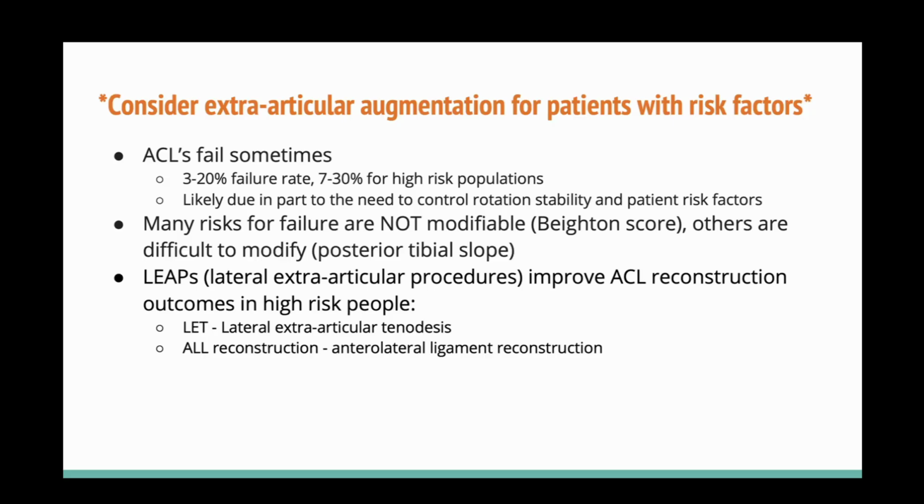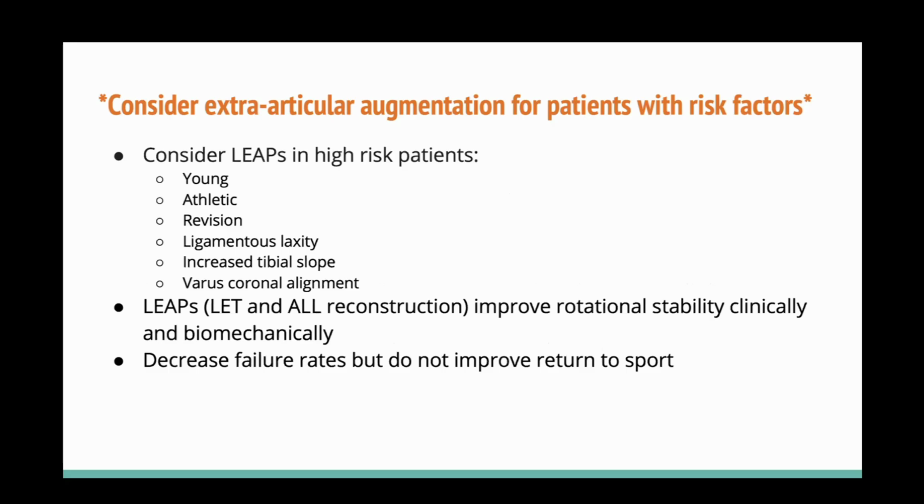So keep these tools in your back pocket. Lateral extra-articular procedures improve ACL reconstruction failure rates and reoperation rates in high-risk people. I think we have pretty good evidence to say that now.